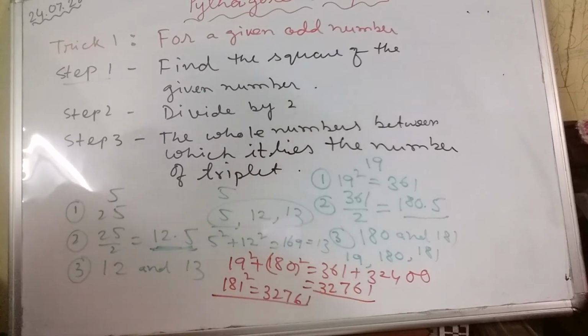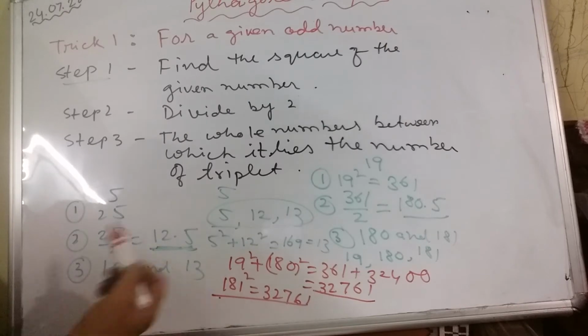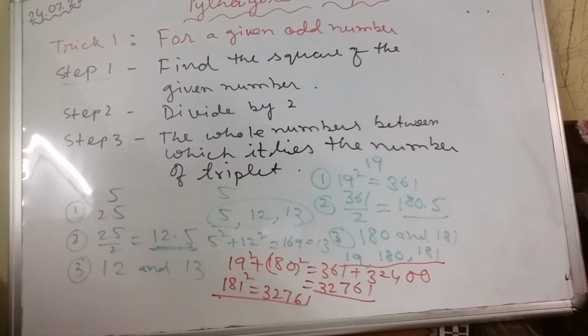So you can see that 19 square plus 180 square equals 181 square. So they are a Pythagorean triplet.